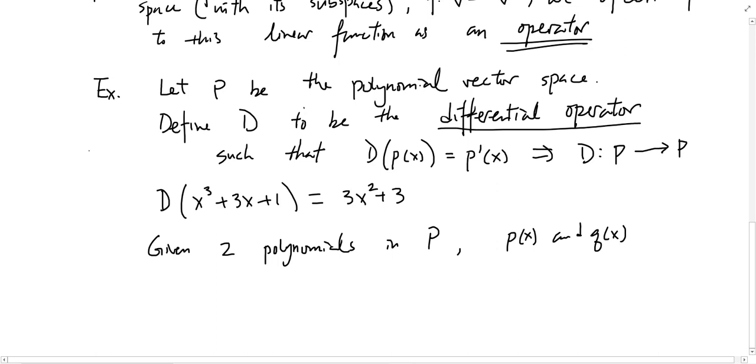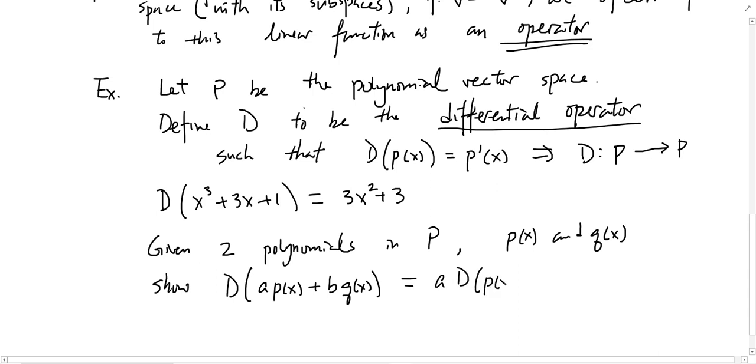Basically, I have to show that the derivative of some constant a times P of x plus some constant b times Q of x equals a times the differential operator of P of x plus b times the differential operator of Q of x. That's what I need to show.